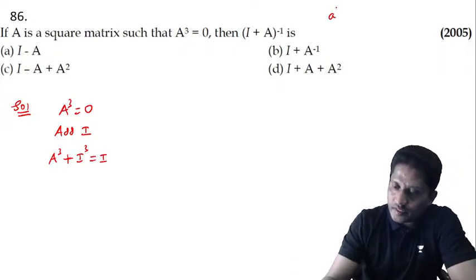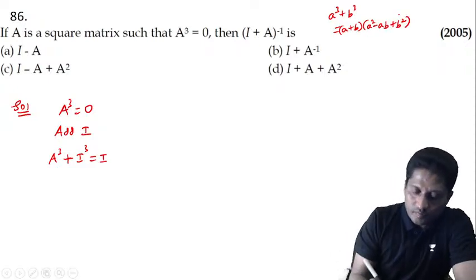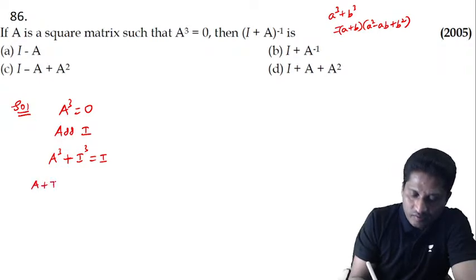Now A cube plus B cube, if you take A plus B out, you will get A square minus AB plus B square. A cube plus I cube, if I take A plus I out, this will be A square minus AI plus I square, is equal to 0.